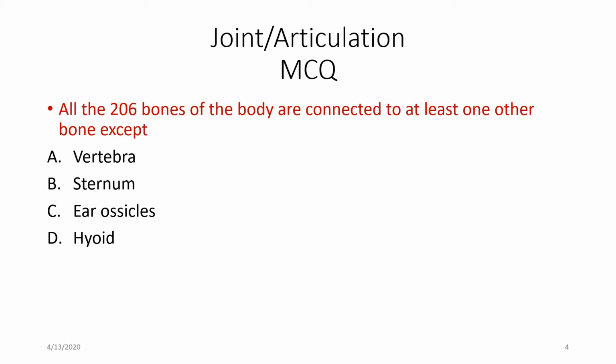Let us answer a question. How many bones are there in the body? There are 206 bones in the body. All these 206 bones of the body are connected to at least one other bone, except... So, what is that bone which is not connected to another bone?